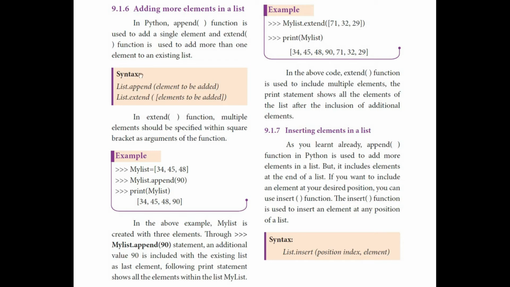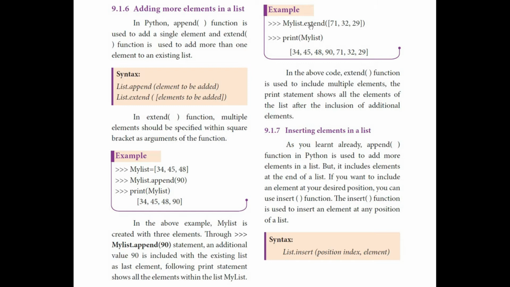Here is the syntax: list.append(element to be added), list.extend(elements to be added). We give the list name, then the function name, then the elements that need to be added inside the brackets.